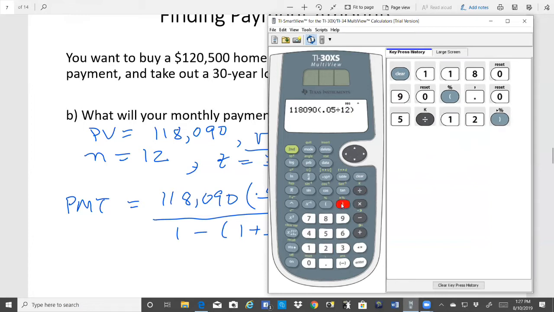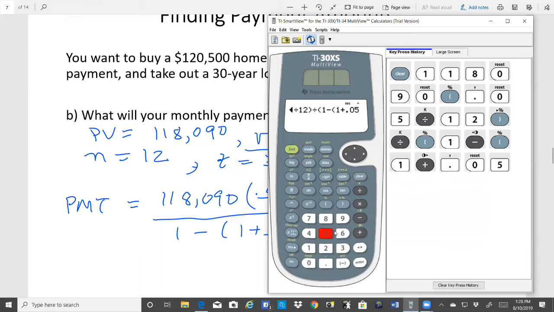And we're going to divide that by the denominator, and we need to use parentheses here because we've got 1 minus the base, which is 1 plus 0.05 divided by 12, in parentheses, and that base is going to be raised to the minus 360 power.